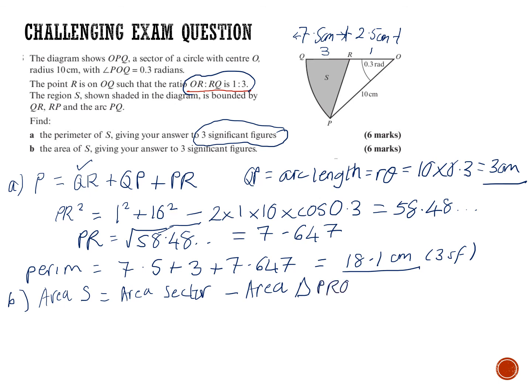Right, so area of sector, half r squared theta. Area of a triangle, half ab sine C.